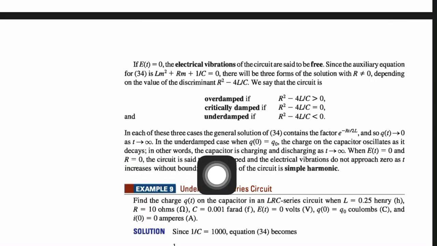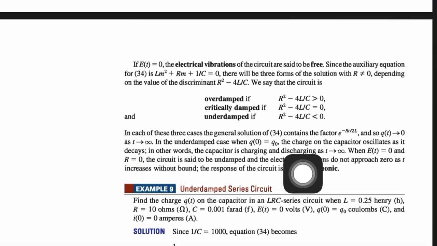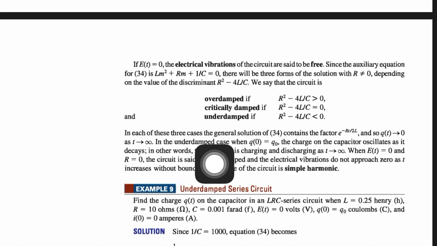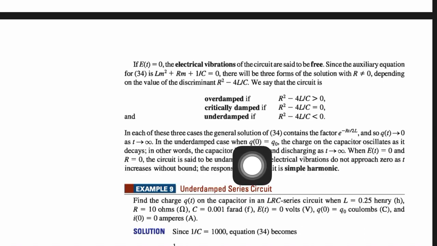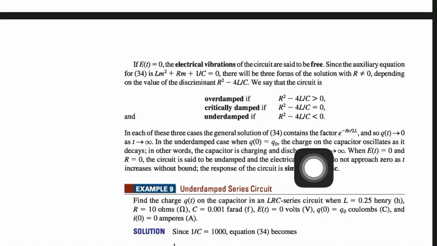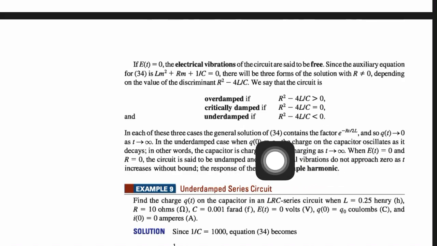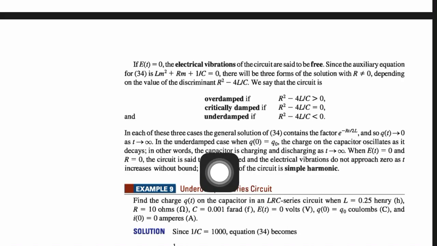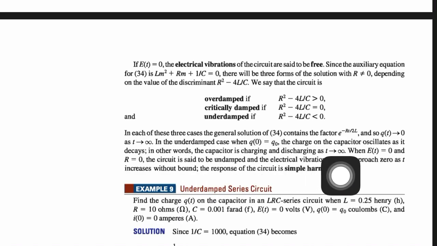In other words, the capacitor is charging and discharging as t approaches infinity.